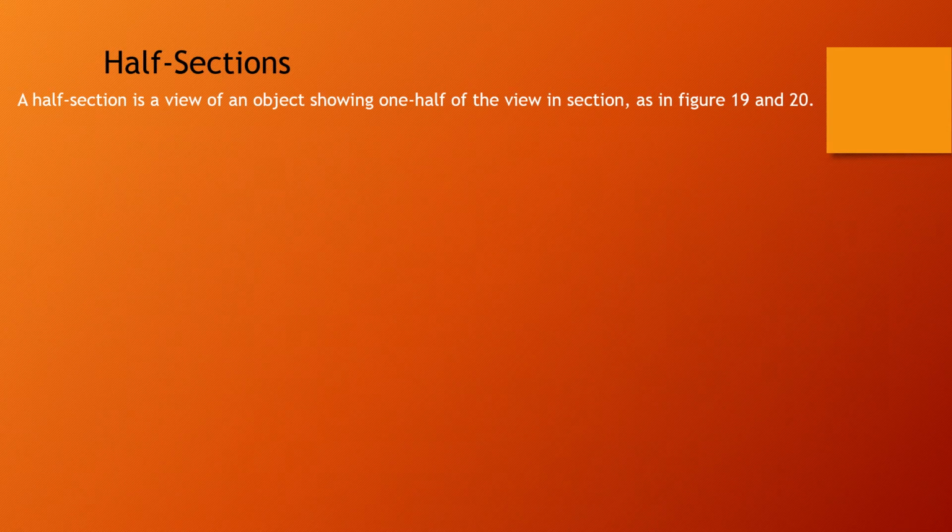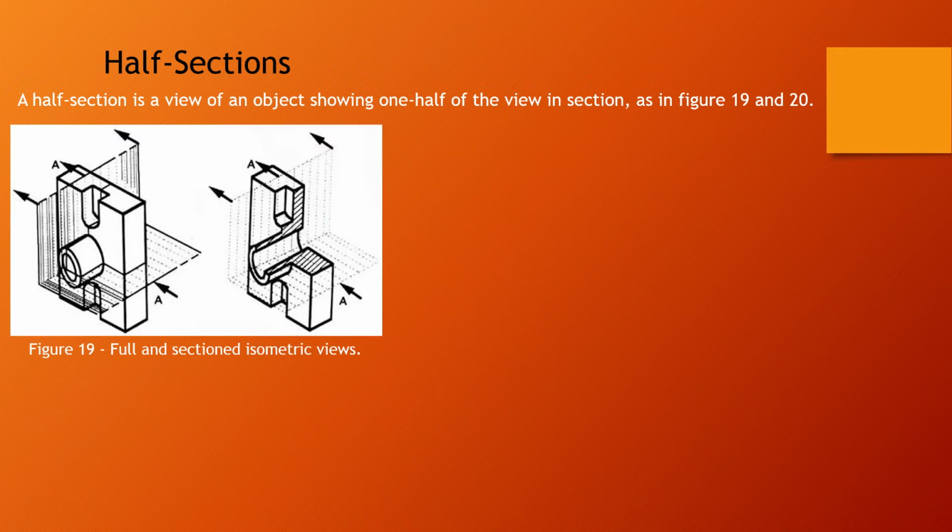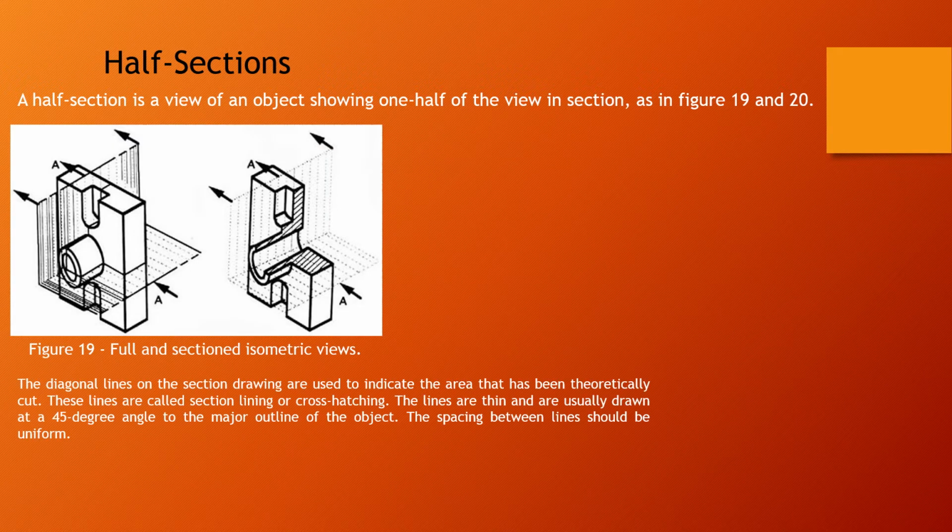Let's move on. Half sections. A half section is a view of an object showing half of the view in section, as shown in figures 19 and 20. The diagonal lines on the section drawing are used to indicate the area that has been theoretically cut.